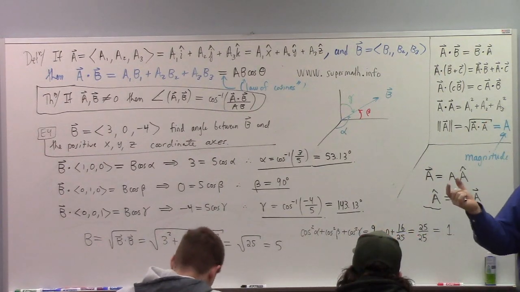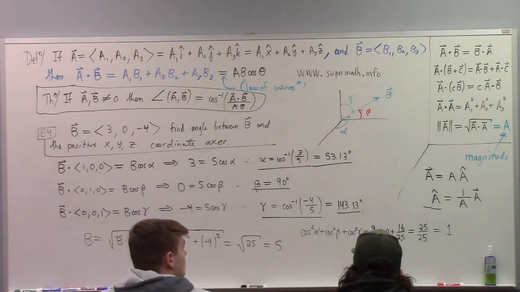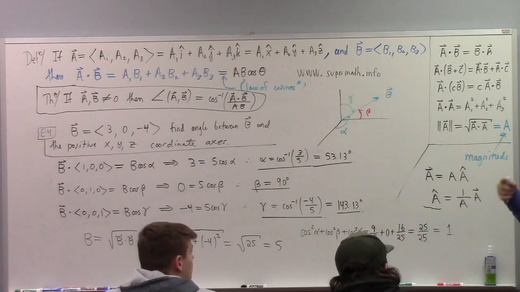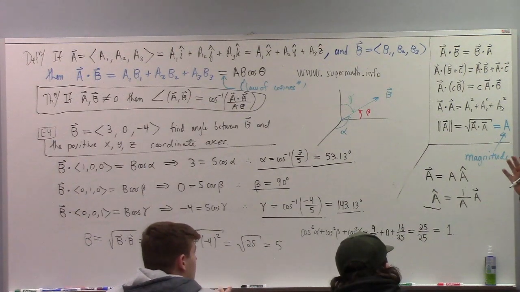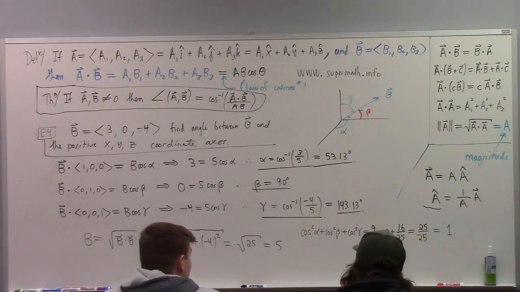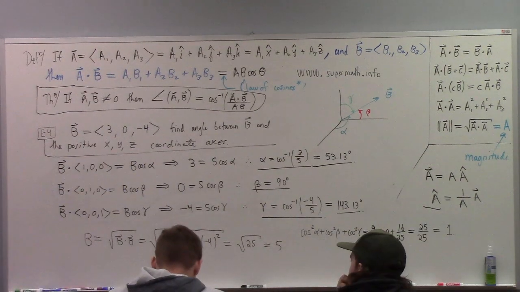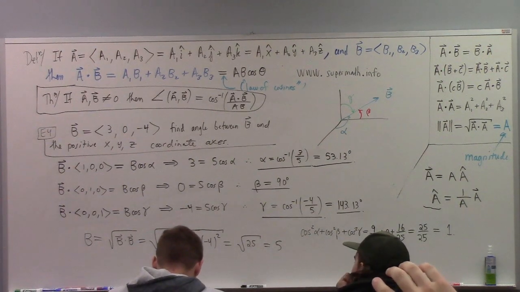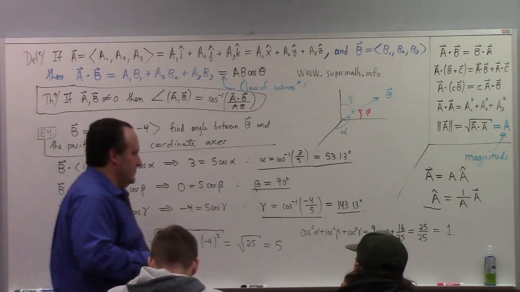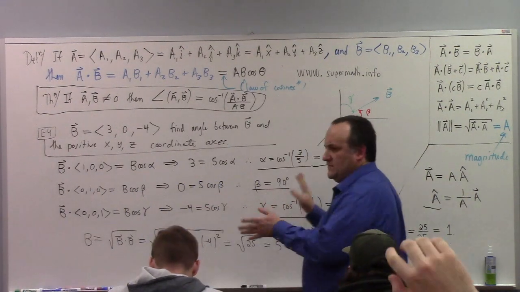What this means technically is that if you calculate 2 of them, you can use this formula to find the third one. Have you guys talked about the standard angle of a vector in 2 dimensions yet? I see some no. All right, let's talk about that. Before I erase this, any questions about this?